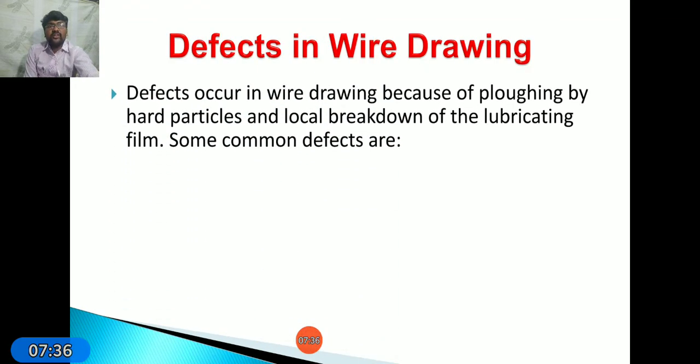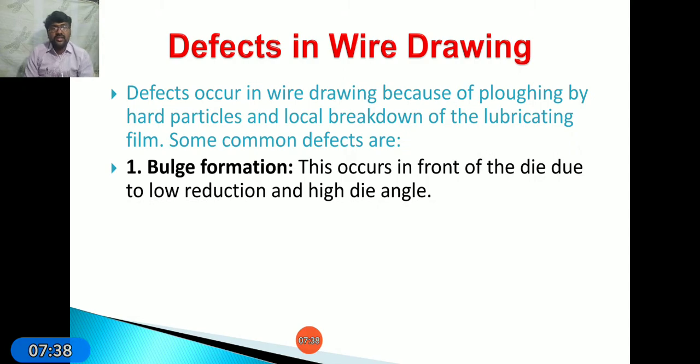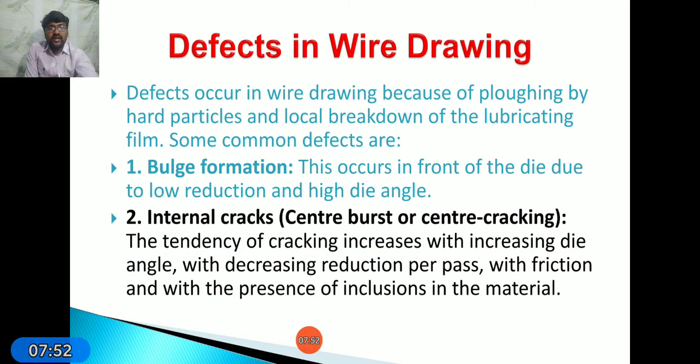Next, coming to defects in wire drawing, first is bulge formation. This occurs in front of the die due to low reduction and high die angle. Because of this, the bulge formation will occur. Next, internal cracks. Here the tendency of cracking increases with increasing die angle.